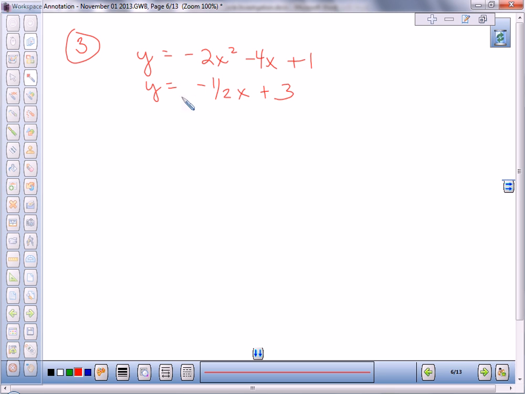It'd be a little harder to graph. So I would definitely choose to do this one algebraically, even if given a choice. So we're going to use substitution. We're going to set it equal to 0. I'm going to move all this stuff over here, and that way it makes that positive.